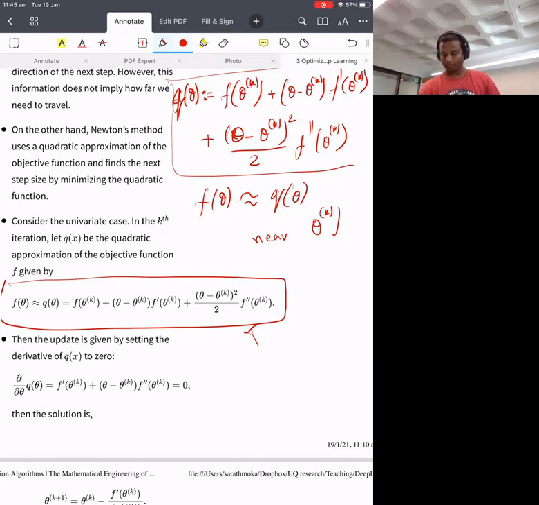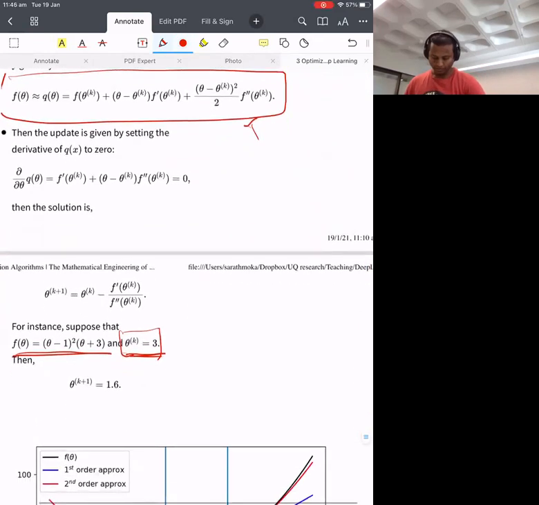All you need to do is compute the first order derivative and the second order derivative. Let's see who does it first. Could you show the function again? Sorry, it's theta minus 1 squared, and theta plus 3.